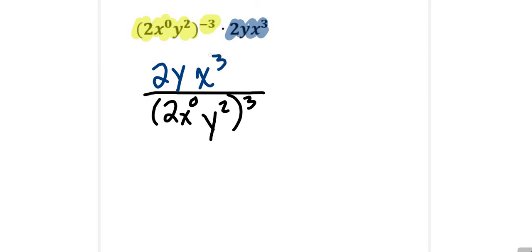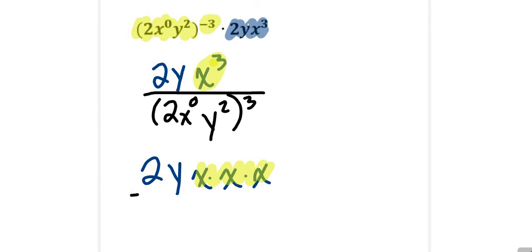Now you start simplifying. First thing I recommend you simplify is that all exponents you expand. So watch what I mean by that. This becomes 2y times x times x times x. That's x to the third. Okay, down here, this is going to be 2 times 1.